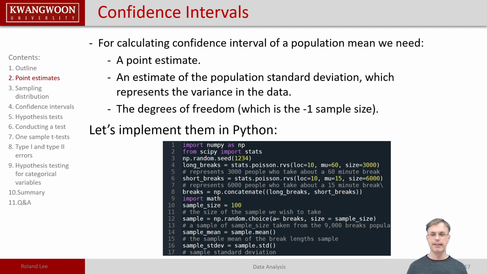And this is calculated by taking a sample standard deviation and dividing that number by the square root of the sample size. And then number 3 is the degrees of freedom, which is the sample size minus 1.